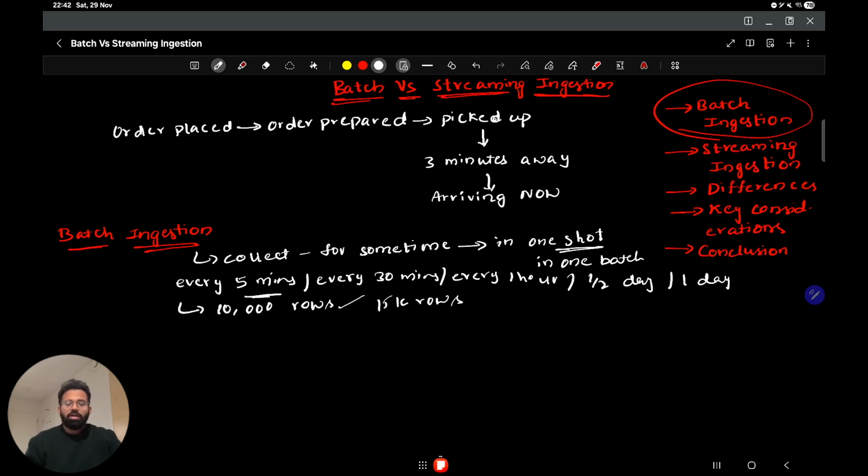Payroll usually runs monthly, at the end of the month or at the beginning of the next month. There is no value in updating salaries every minute. Here accuracy matters more than speed, so you could get away with batch ingestion.